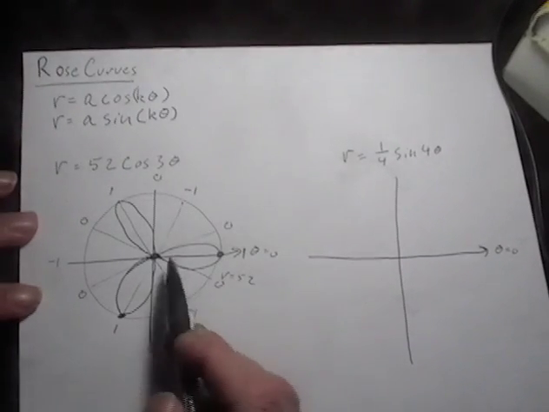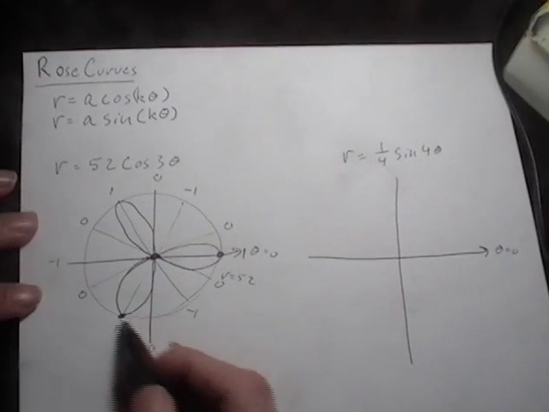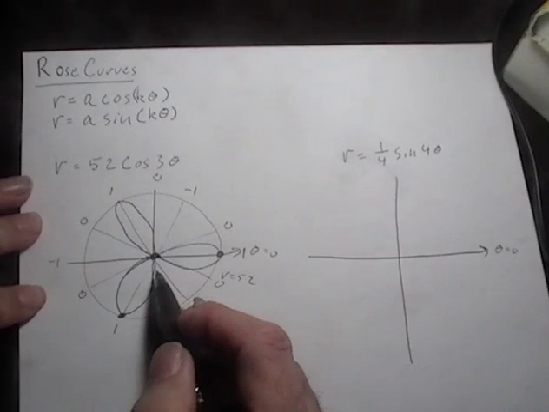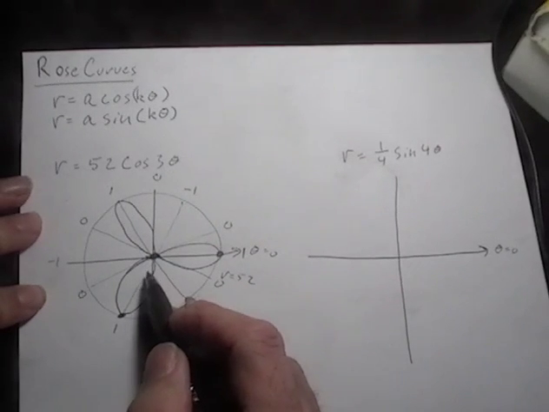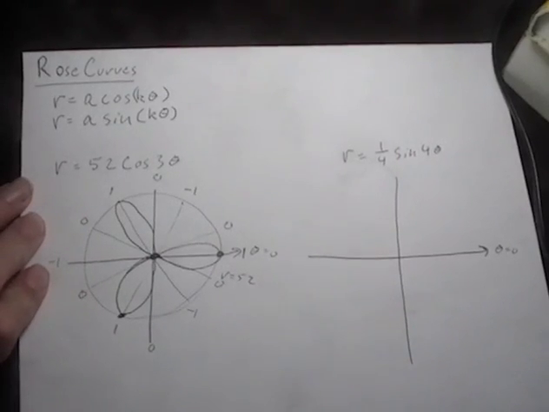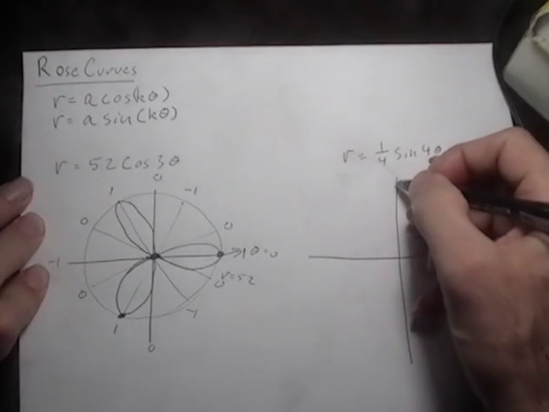And so as I've spun around through my full 2 pi's worth of rotation, I will have traced over this graph. If r equals 1/4 sine 4 theta, don't bother making a tiny graph.